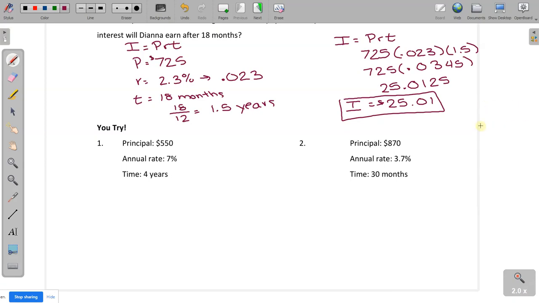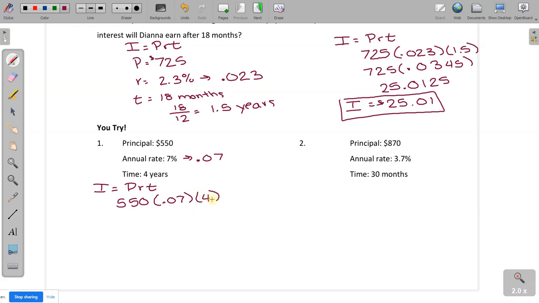Okay, let's check your work. We are always going to start with our equation. Always write it out. I equals PRT. So our principal, $550. Our rate, 7% changed to a decimal is 0.07. Multiplied by our time of 4 years.